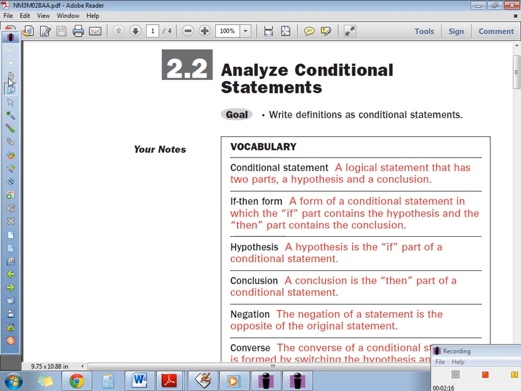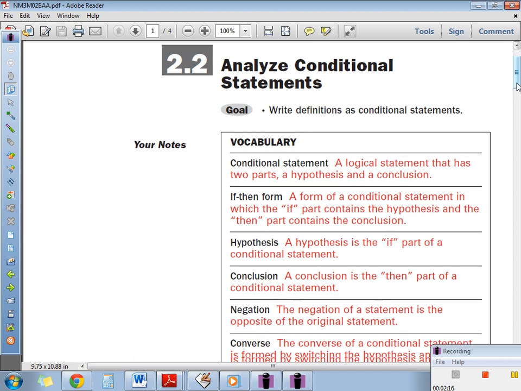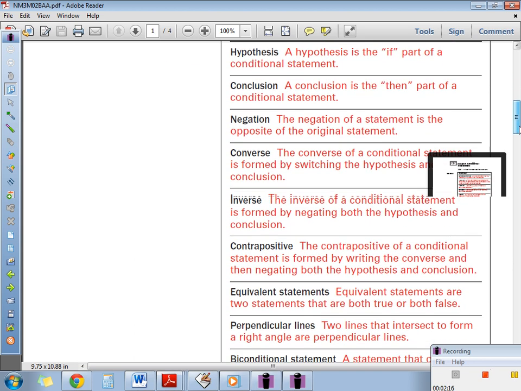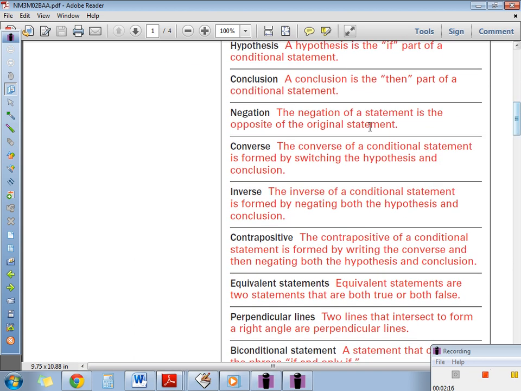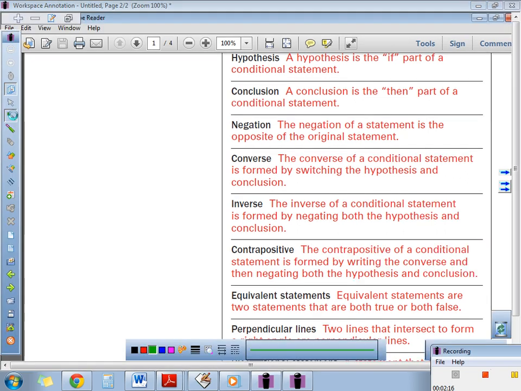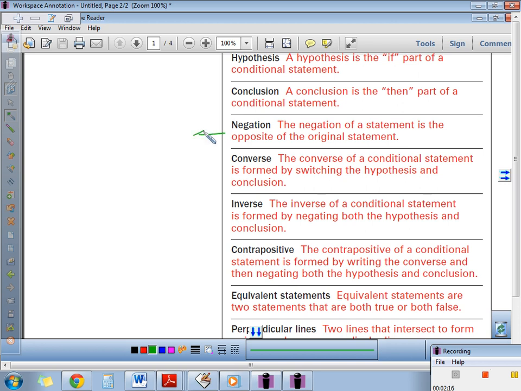Following that, we have some other terms. We have the term negation. The negation of a statement is the opposite of the original statement. So once again, you will use words like not or didn't.